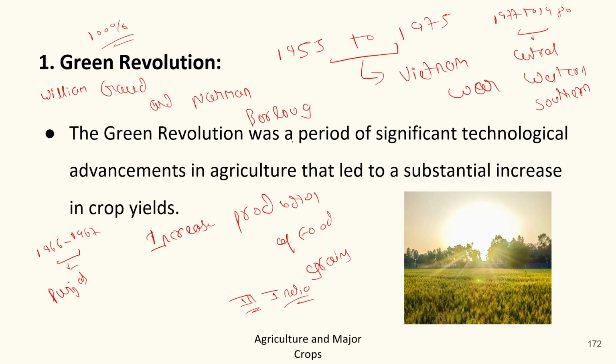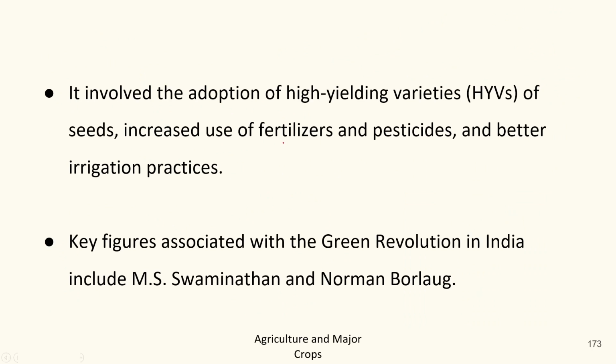But in India, the Green Revolution was introduced by M.S. Swaminathan. M.S. Swaminathan was the father of the Green Revolution in India, and the fathers of the Green Revolution basically were William Gaud and Norman Borlaug.